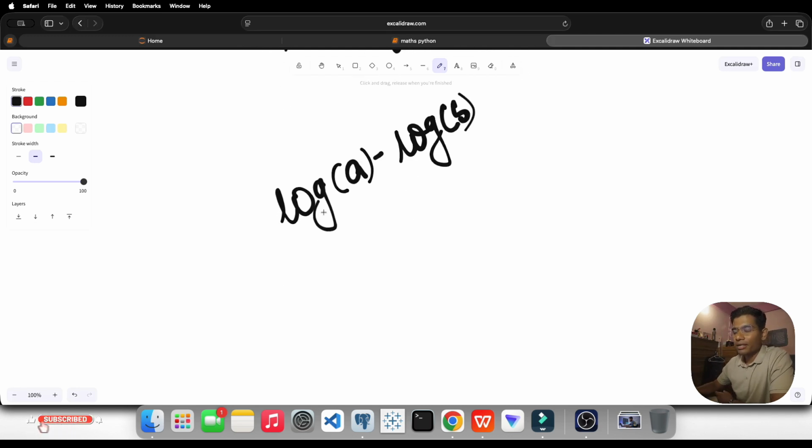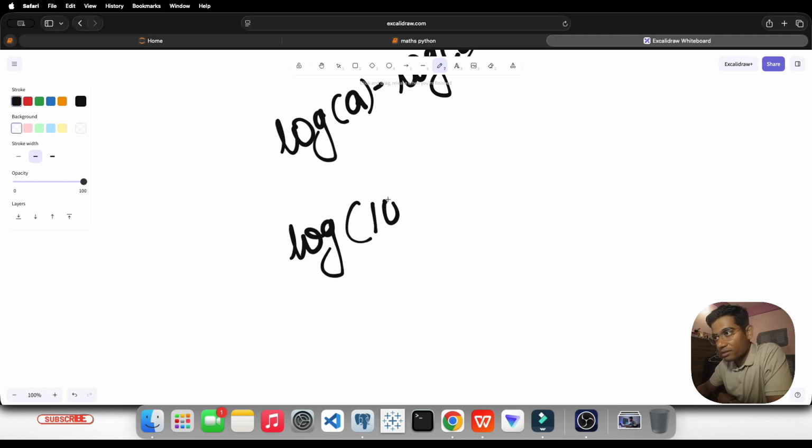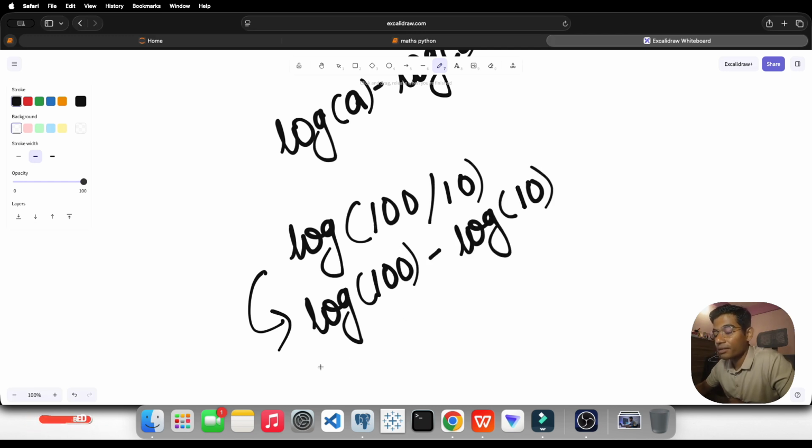Let me show you something. Suppose we use a calculator for this. Suppose it is log 100 by 10. What will be the output? It will be log 100 minus log 10, and let's see what the output will be in the calculator.